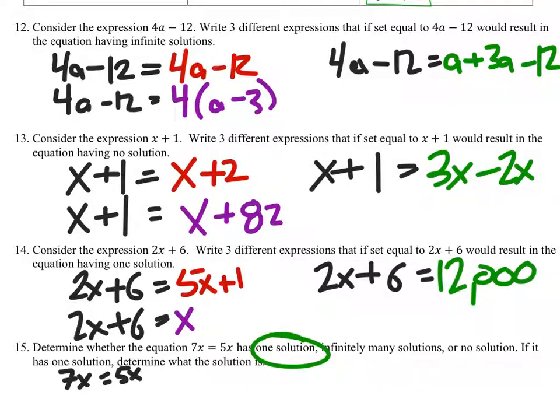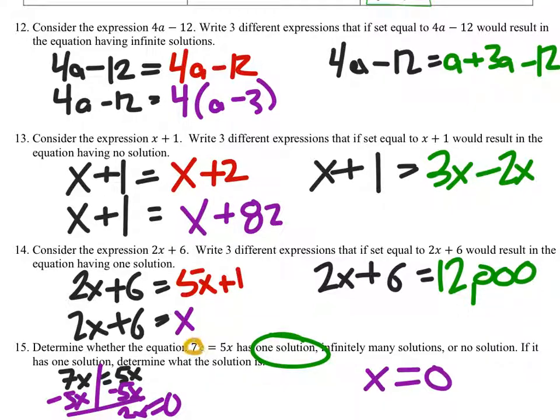We're going to subtract 5x from both sides, and then I get 2x equals 0. And when we divide by 2, we see that x equals 0. That should be pretty easy to check: 7 times 0 is 0, 5 times 0 is 0. So x is 0.